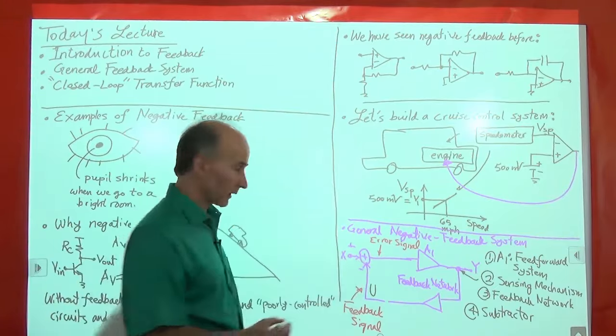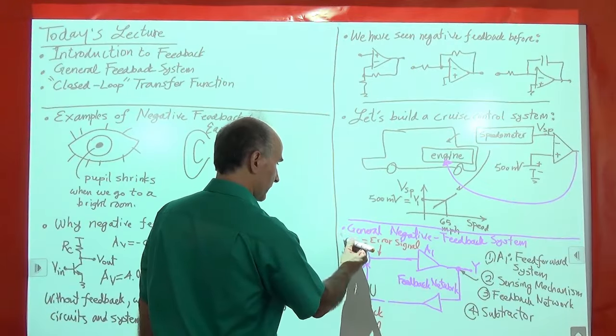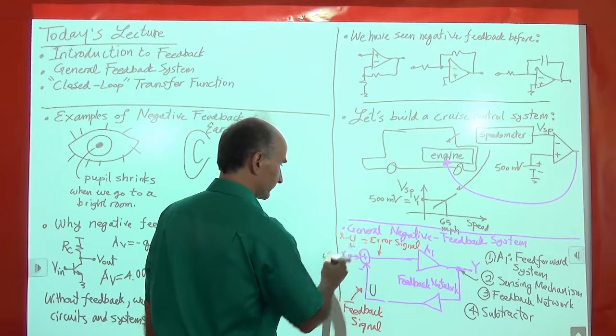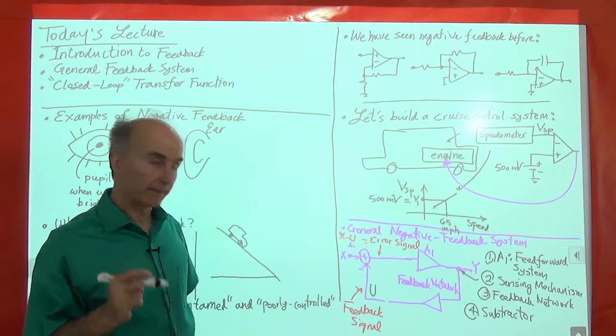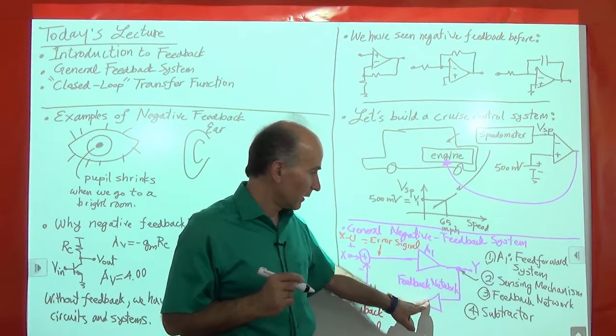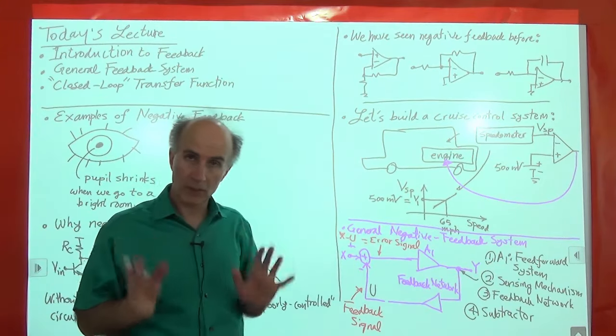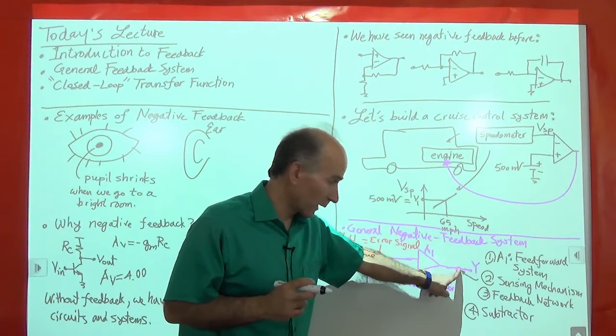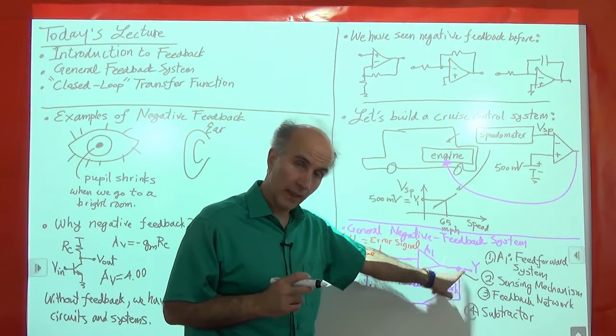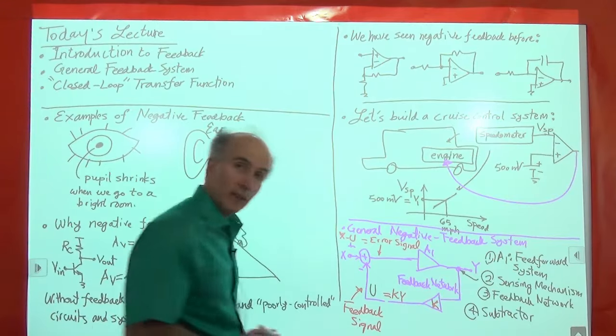Because that's what the subtractor does. All right, one more definition. This feedback network might be really complicated or really simple, but all it does in most applications is this. It takes this output, this Y, and just multiplies it by a number. That number would be denoted by K, so here U is equal to K times Y. That's all it does.